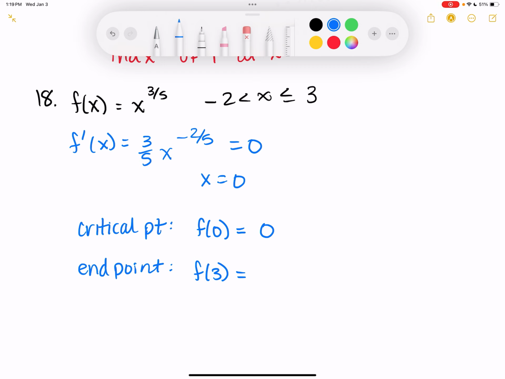It's 3 to the 3/5, which we could also write as the 5th root of 27, because we cube 3 and then take the 5th root of it.